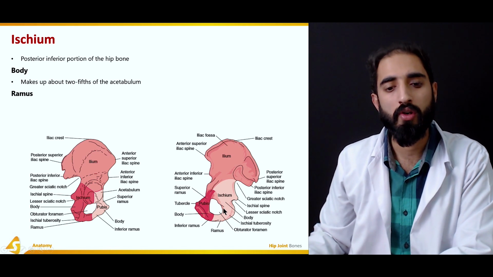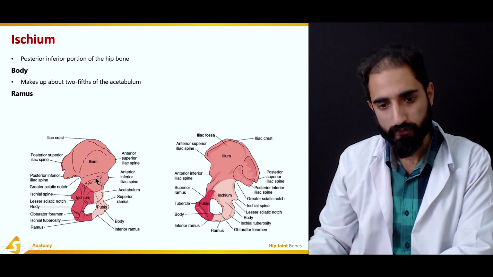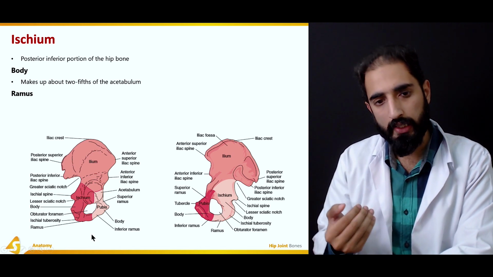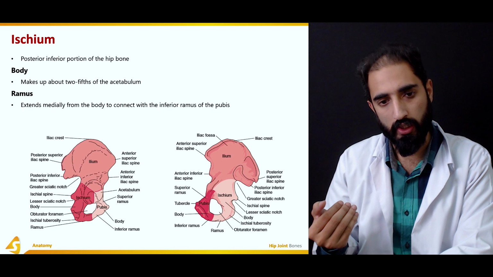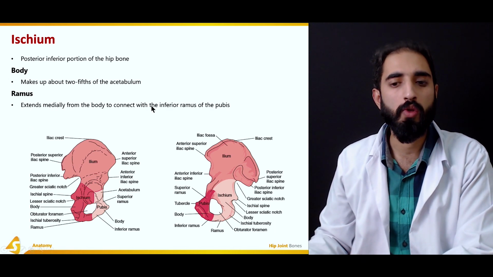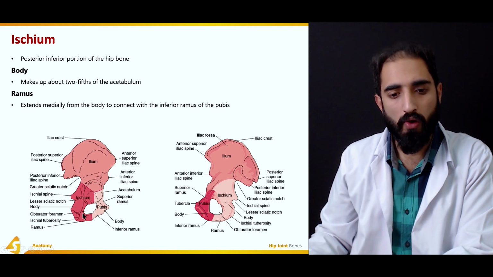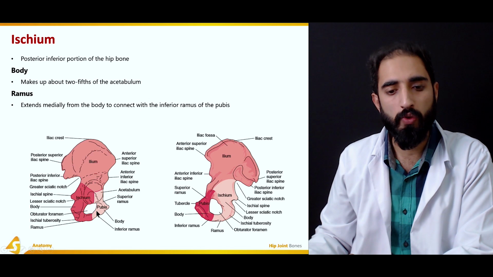The second structure is the ramus. The ramus is located inferiorly and anteriorly in the ischium, and it extends medially from the body to connect with the inferior ramus of the pubis. So the ramus of the ischium communicates with the inferior ramus of the pubis.